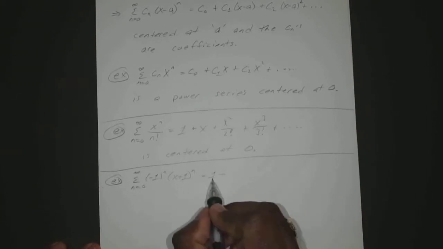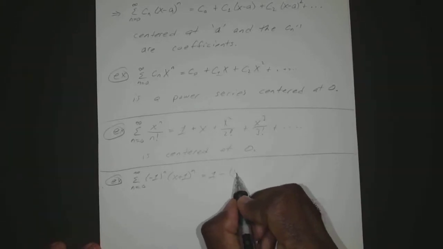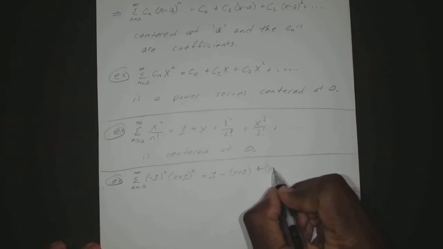If you plug in 1, that'll be -1 to the first power, so that'll be negative x plus 1. Plug in 2, you have -1 squared, which is 1, times x plus 1 squared, minus x plus 1 to the third, and it keeps on going. So this is a power series, but it's centered at -1. Because remember, it's x minus a.